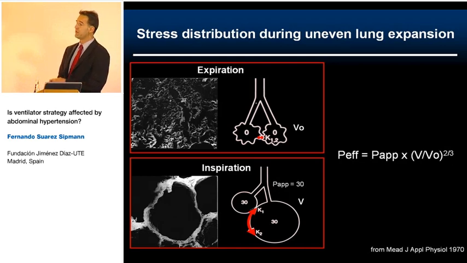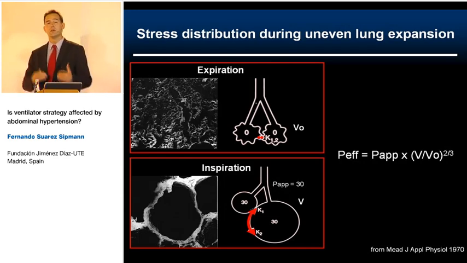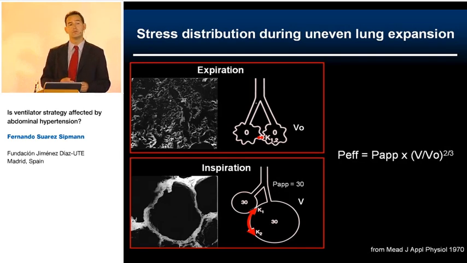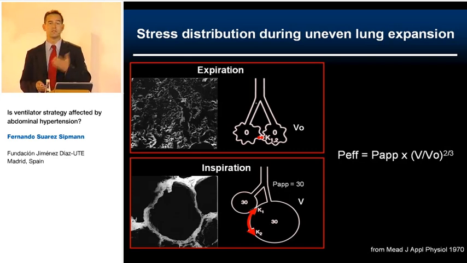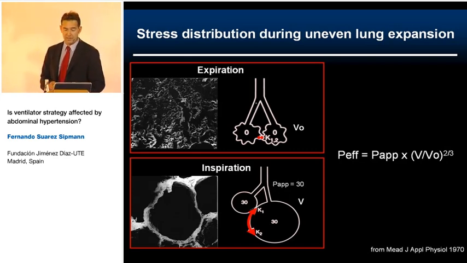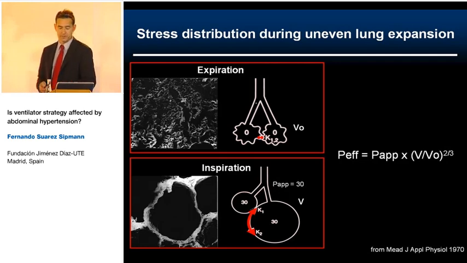Playing a little bit with numbers and assuming that a normal alveoli can expand 10 times its volume, this means that with a pressure of 30 centimeters of water, we can create local pressures around the alveoli of about 140 centimeters of water. This puts us again close to the pressures that were causing the capillary stress failure only by increased hydrostatic pressure in the models I presented at the beginning. So these pressures do actually exist in the lungs of patients with ARDS.